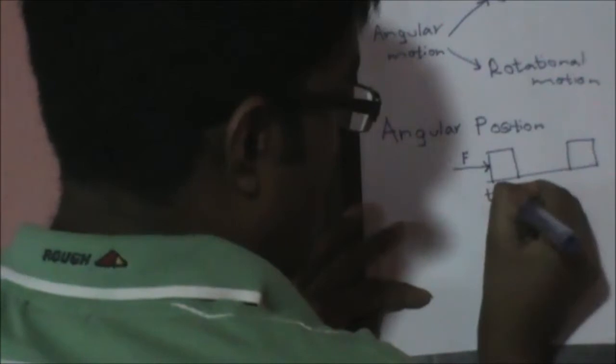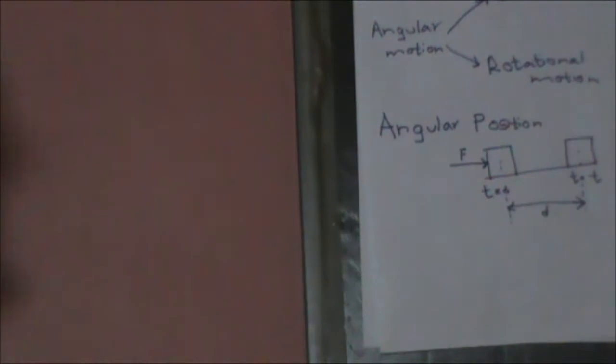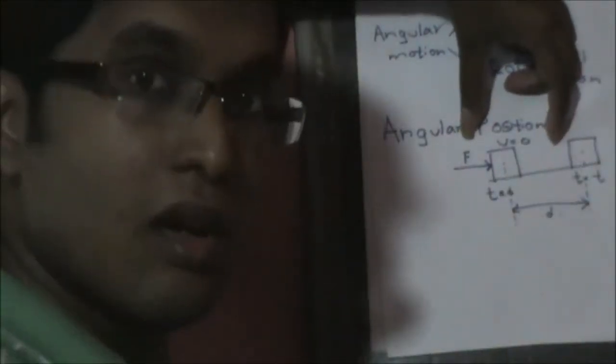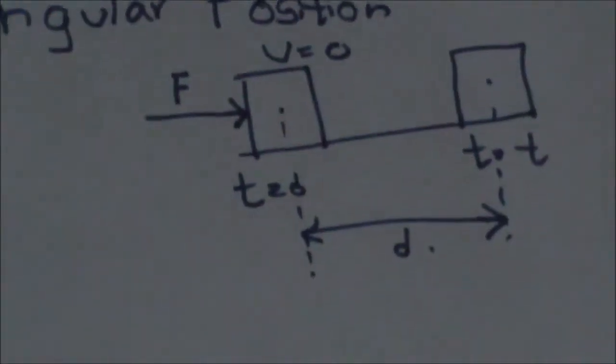Let's say this time equals 0, and this time equals T, and the distance between the two centers of mass is T. So this is an object, and I say the initial velocity is 0, u equals 0.